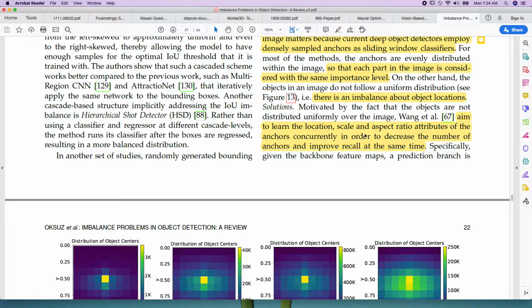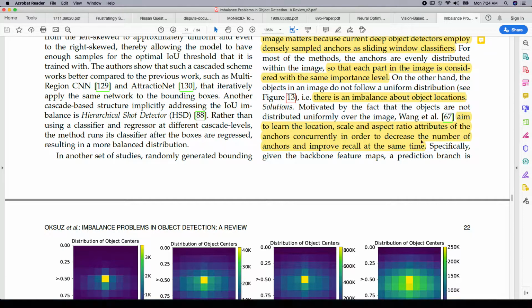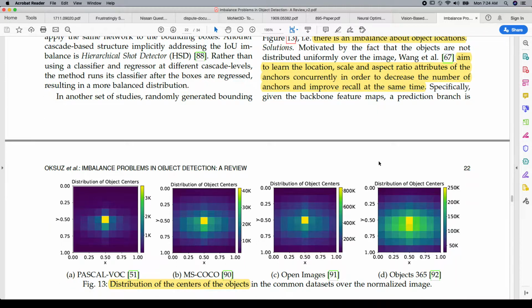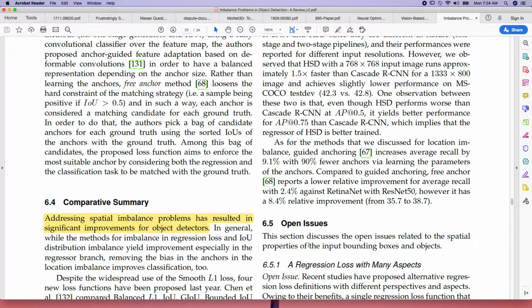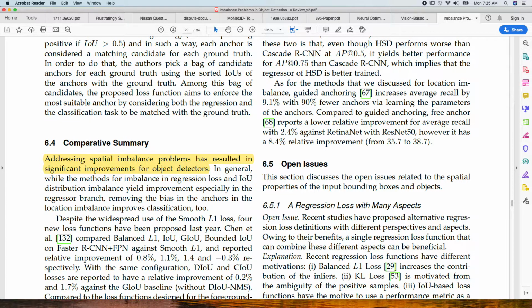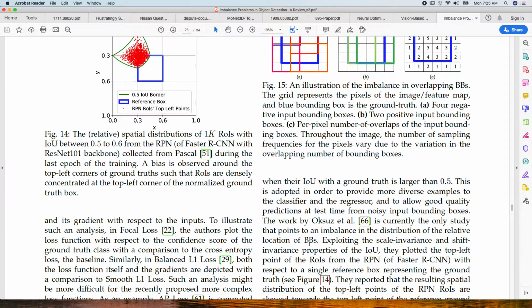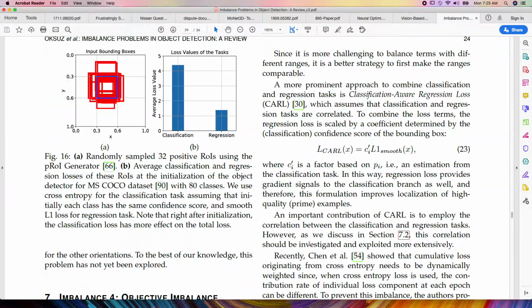We aim to learn location scale as a ratio of the anchor to the physical container. So this is the figure 13. We'll look at that later. Running out of time.